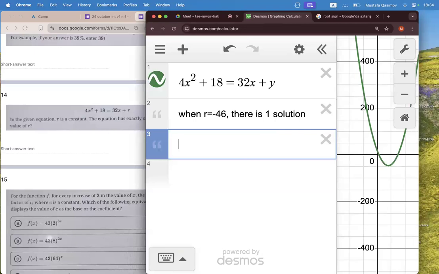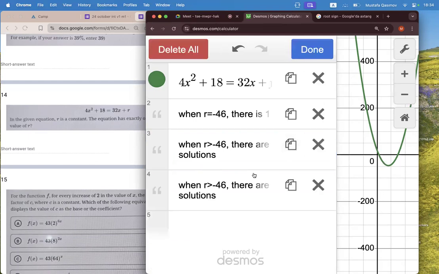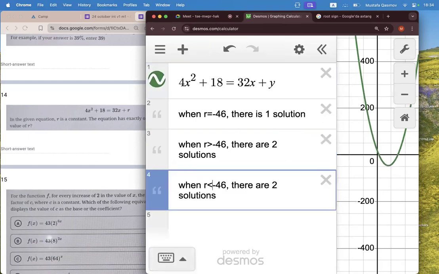When r is greater than negative 46, it means that there are two solutions. And let's think, when r is less than negative 46, there is no solution. Like that.